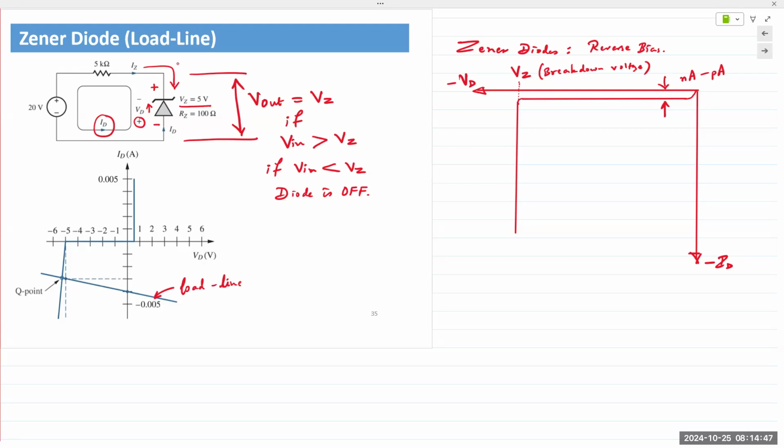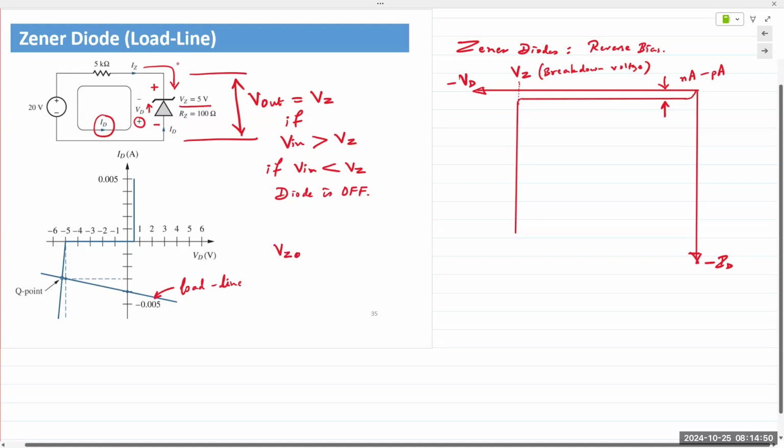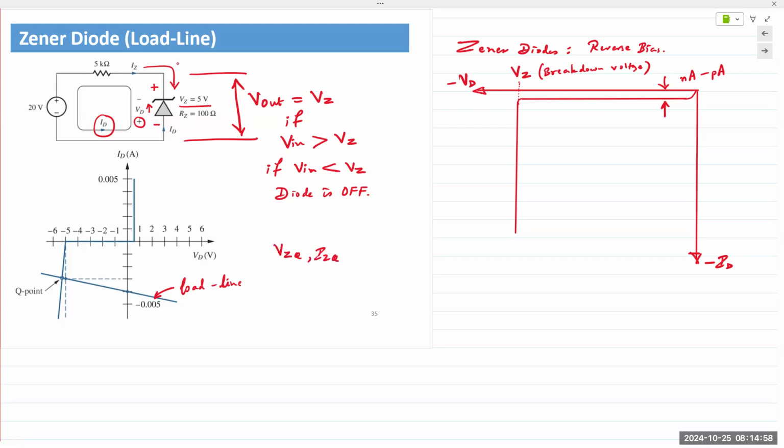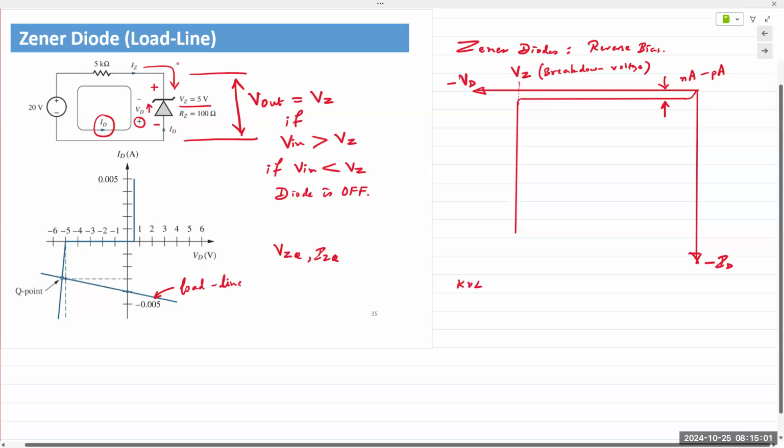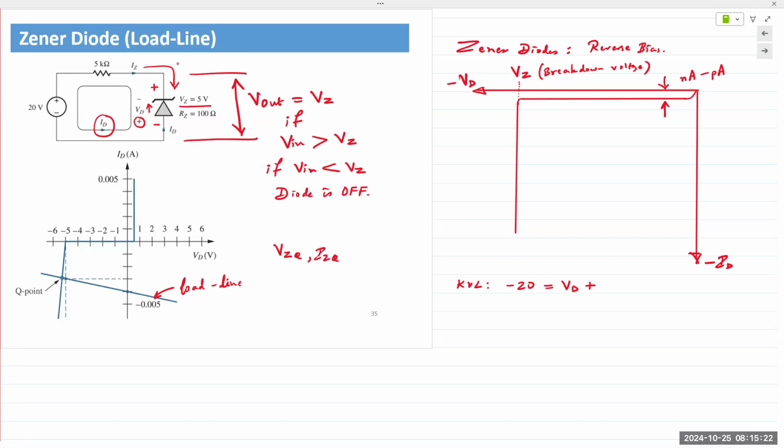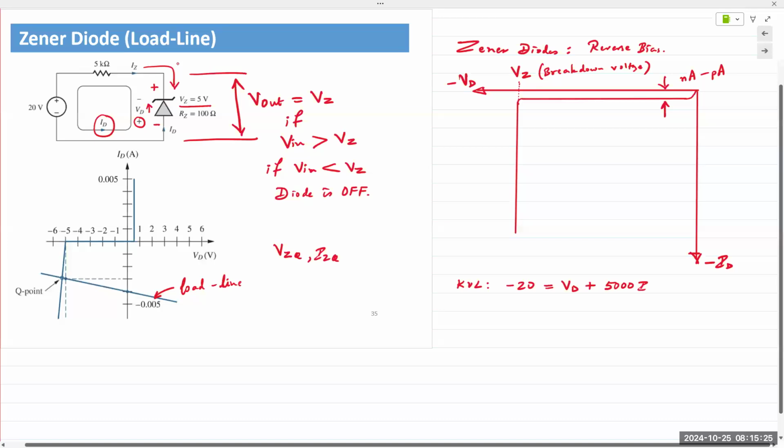Again, for the Q point we would find VZQ and IZQ. So let's write KVL around the circuit. From KVL, we can write minus 20 is equal to VD plus the voltage drop across the 5000 ohm resistor, so it is 5000 times ID.